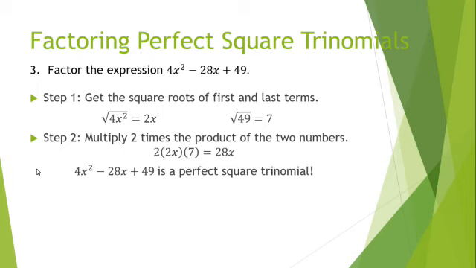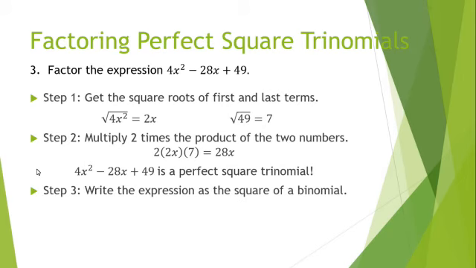Since the given expression is a perfect square trinomial, we can proceed to step 3. Write the expression as a square of a binomial. Following the pattern shown before, we have 4x squared minus 28x plus 49, which equals 2x minus 7 quantity squared.